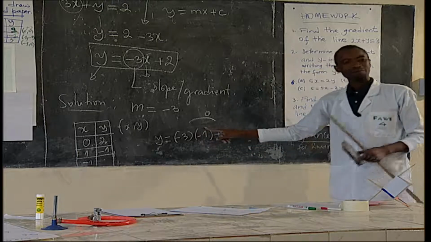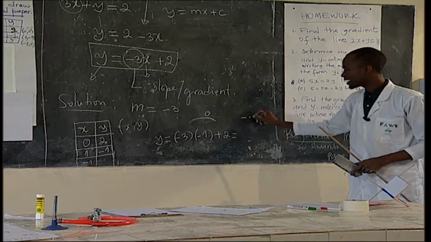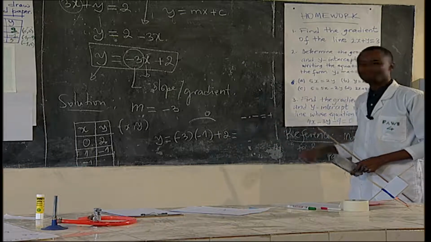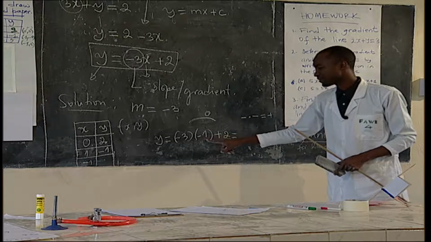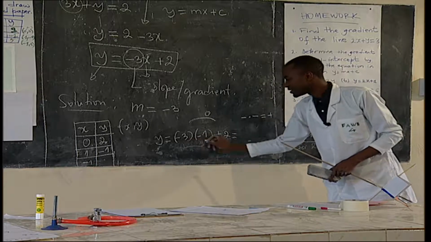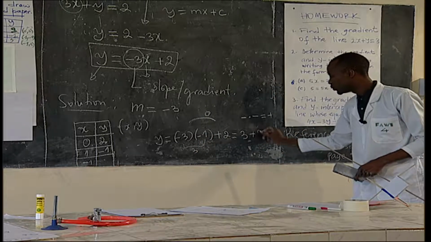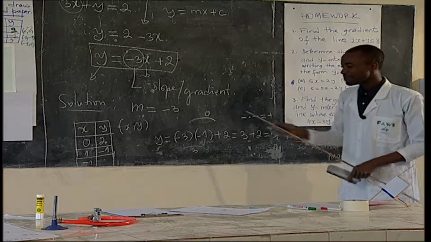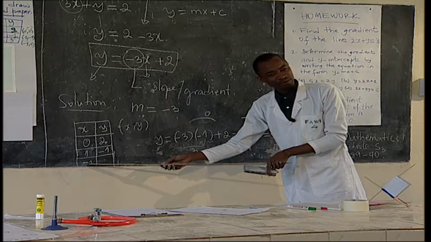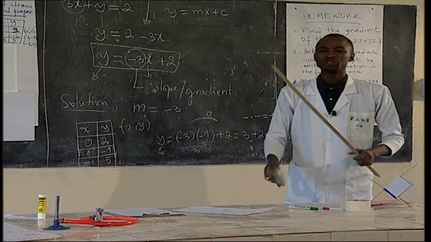Remember there is a concept that tells us that a negative sign times a negative sign gives positive. That's why -3 times -1 gives 3. Now it's 3 plus 2, and I get 5. So if x is equal to -1, y will be equal to 5. 3 points are enough, or even 2.